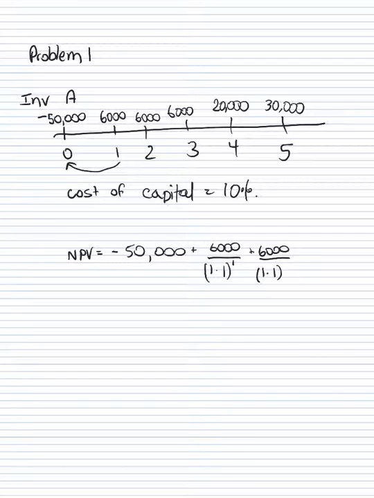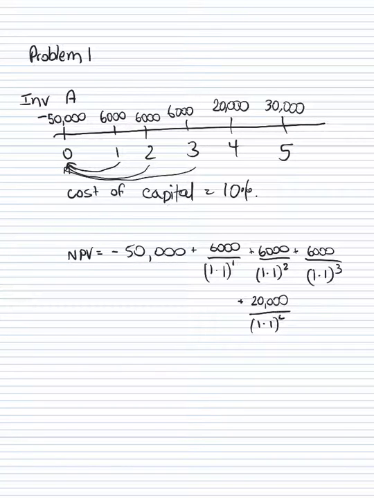Divided by 1.1, this one goes back 2 time periods, plus 6,000 divided by 1.1, that's brought back 3 time periods. And now you should be able to see the trend. So now the next one will be plus 20,000 brought back 4 time periods plus 30,000 brought back 5 time periods.